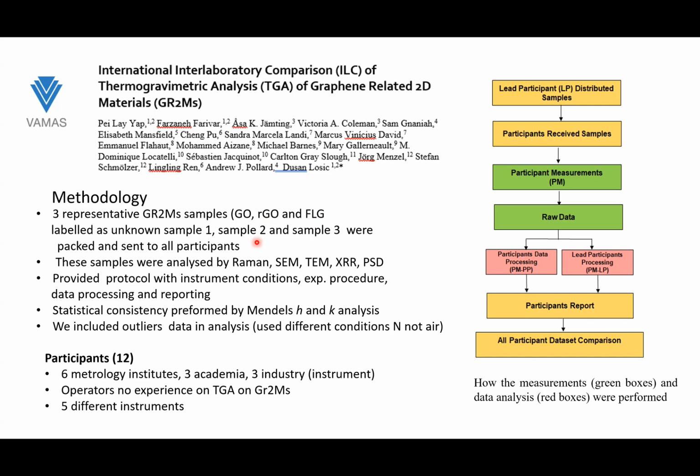We provided them a protocol, a data processing protocol, and a reporting protocol, and we asked them to test selected parameters in triplicate, and they provided us raw data and processed data that we again tested. So we have 2 sets of data.